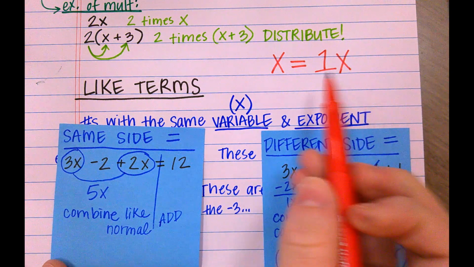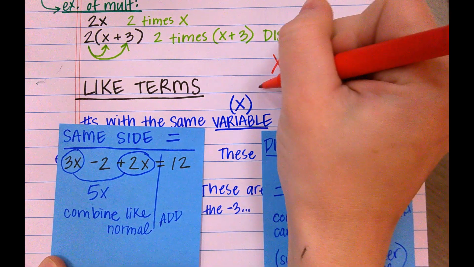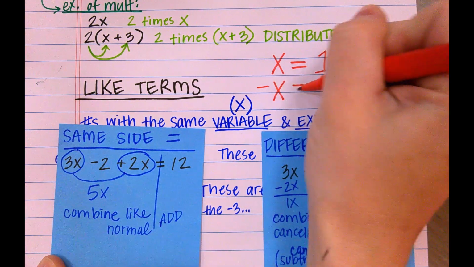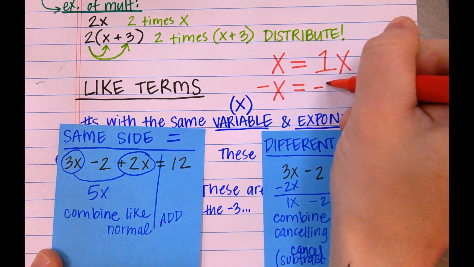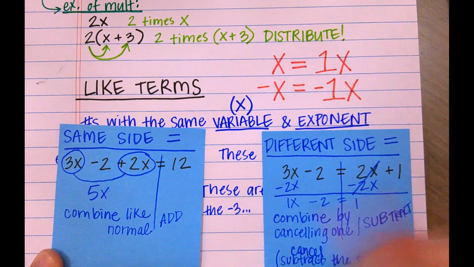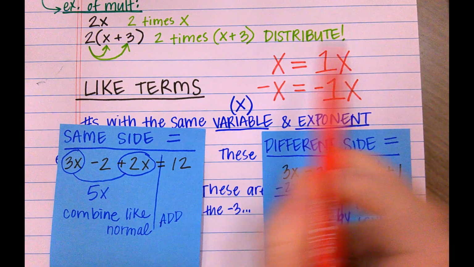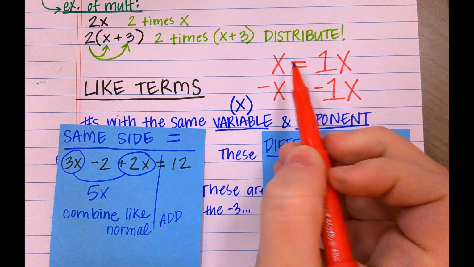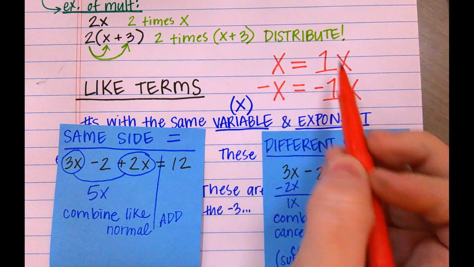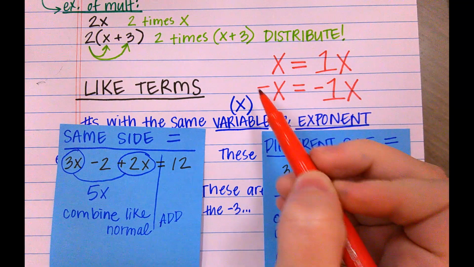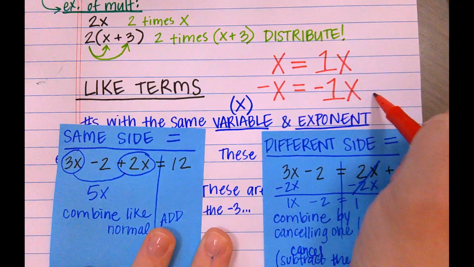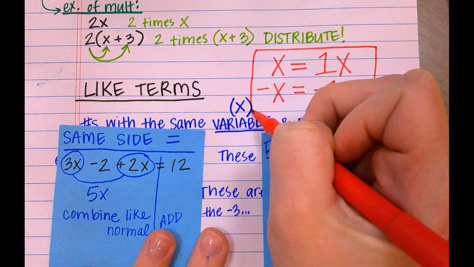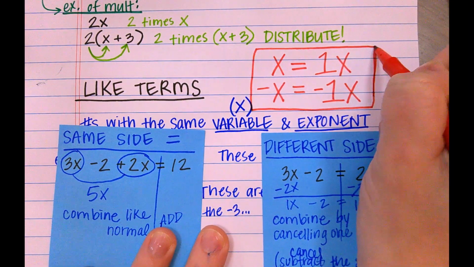If I have negative x, what is that the same as? Negative 1x. Always. If there's no number next to x, the number is 1. If there's a negative but no number, the number is -1. So this is what you can use to help you remember.